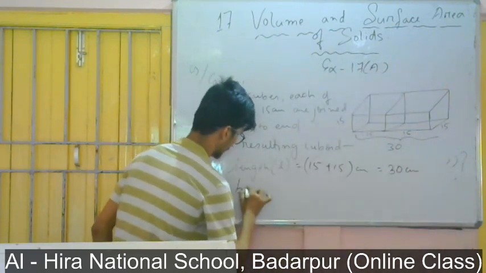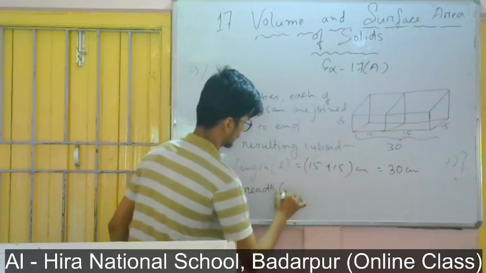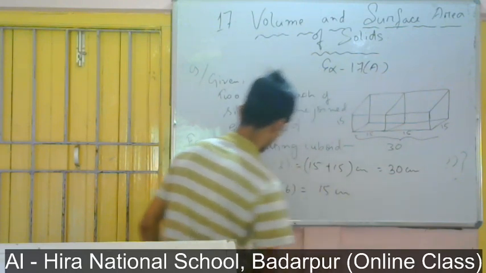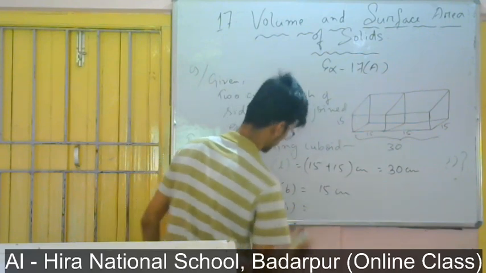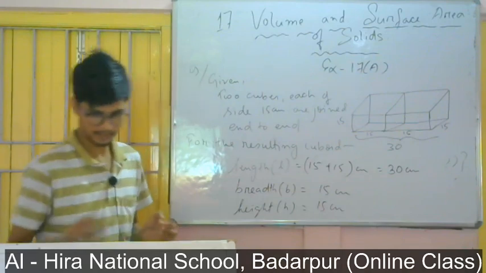Then breadth B will be equals to 15 centimeter, and height also same, h will be equals to 15 centimeter. Only the length is changing. So now you put this one in the formula.